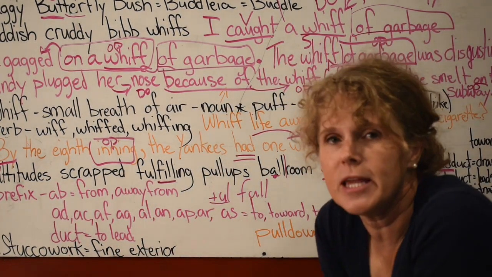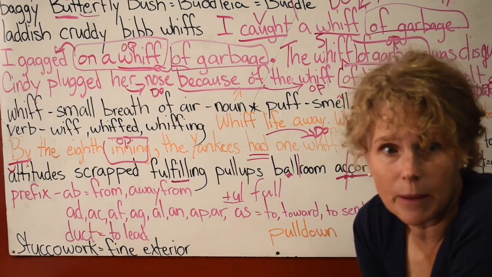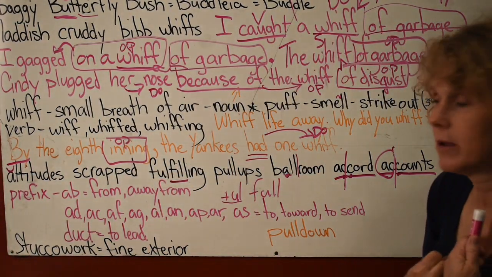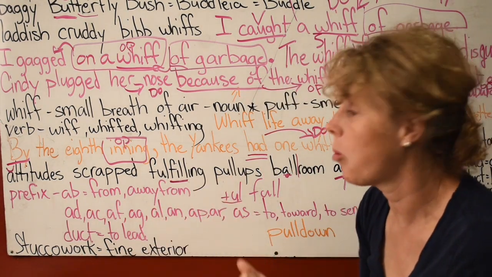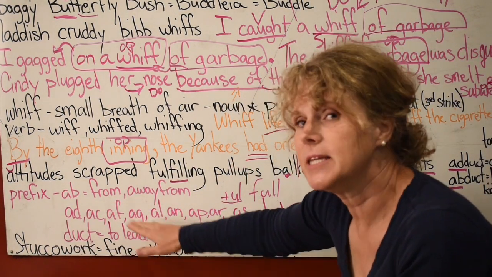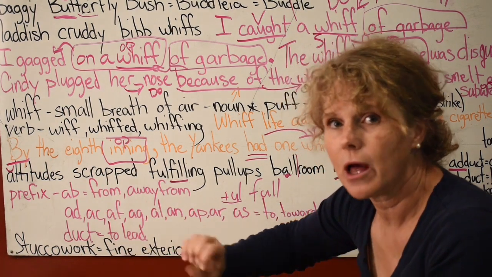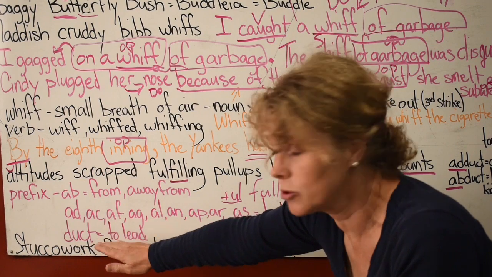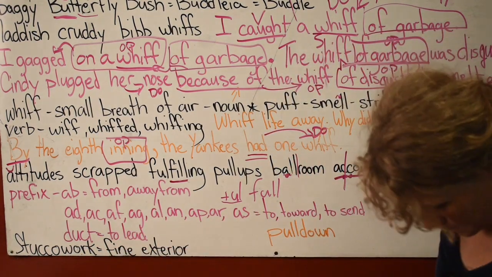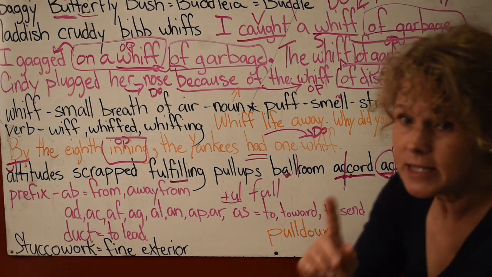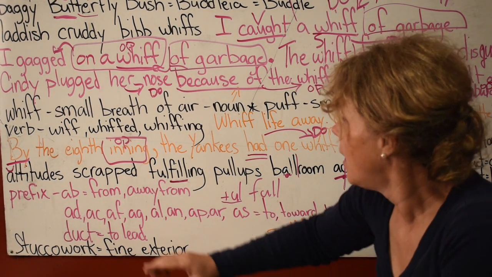If you're thinking an abduction is a kidnapping, you are leading somebody away. So AB means away or from, and duct means to lead. See how you're going to understand this a lot better if you're understanding these prefixes and what the Latin root actually means. So, is that super helpful, you guys?